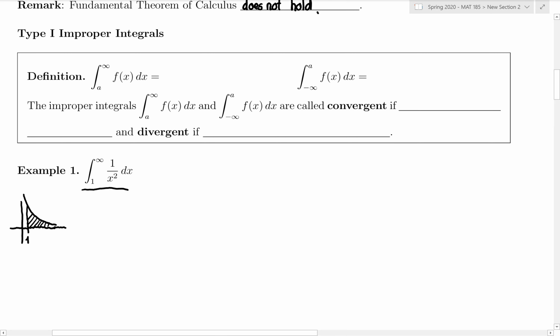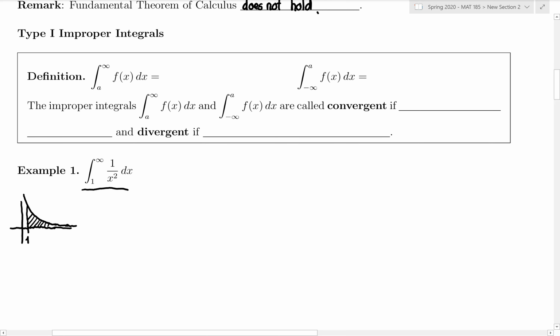It keeps going, this goes on forever, so we want to find the area as x goes on forever. So how do we make sense of an area that goes on forever and ever?